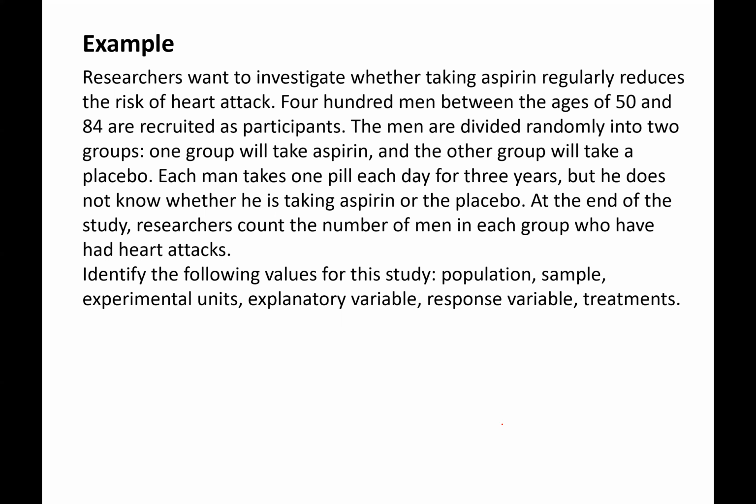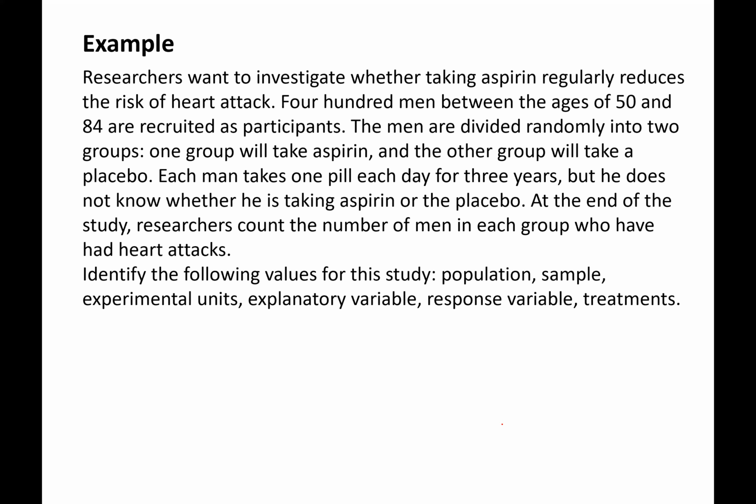So, identify the following values for the study. What is your population? What is your sample? What are your experimental units? What's your explanatory variable? What's your response variable? And what's your treatment? Okay, so what's your population? The 400 men between ages 50 and 84.